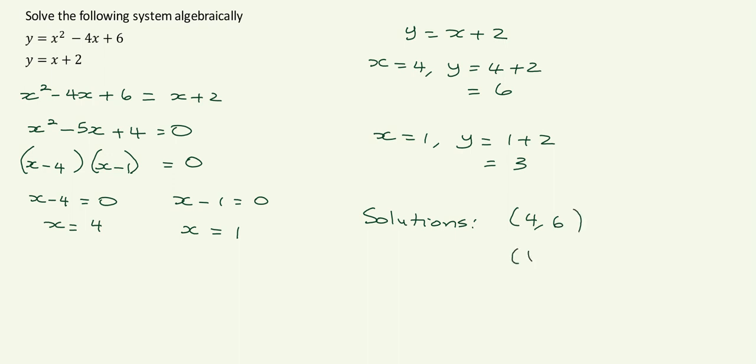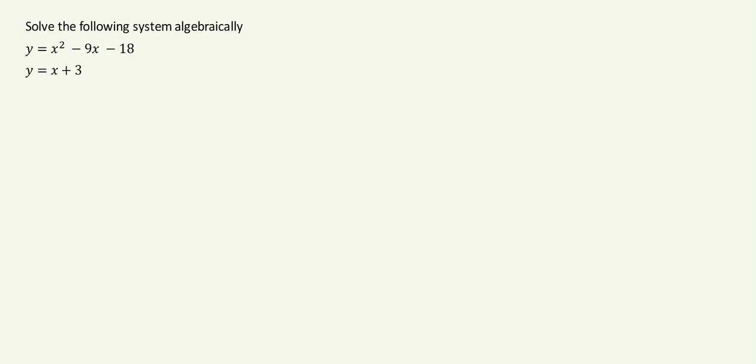We also have 1, 3. Now we have y equal to x squared minus 9x minus 18 and y equal to x plus 3. These equations are in the desired format, so we're just going to equate them. So we have x squared minus 9x minus 18 equal to x plus 3.